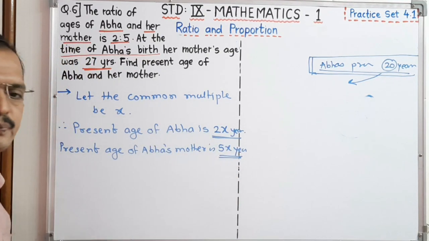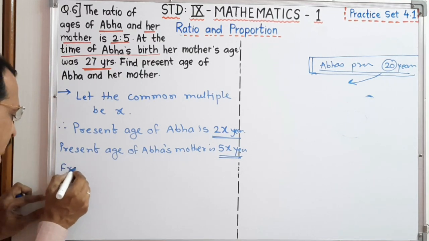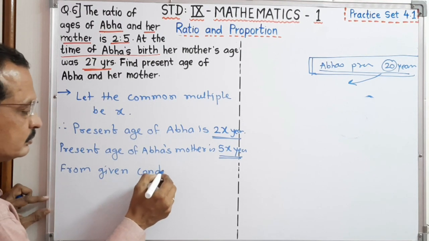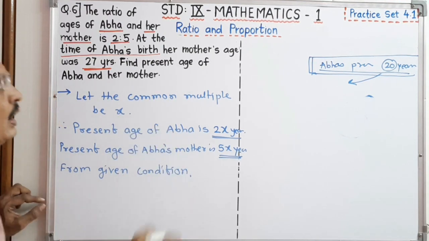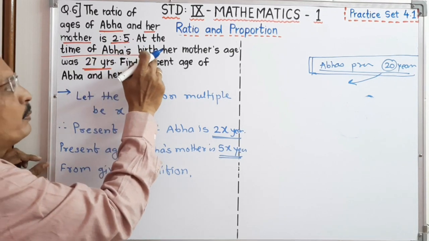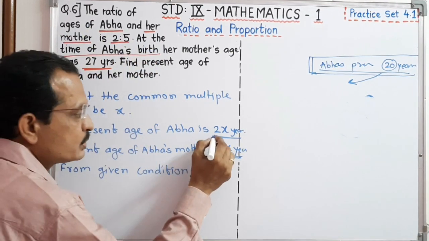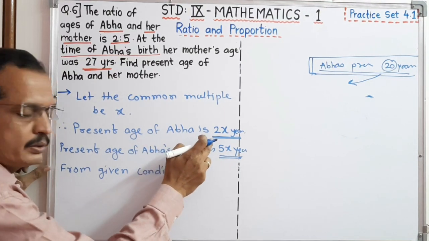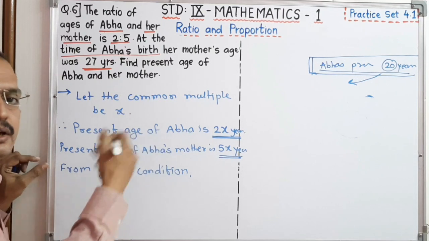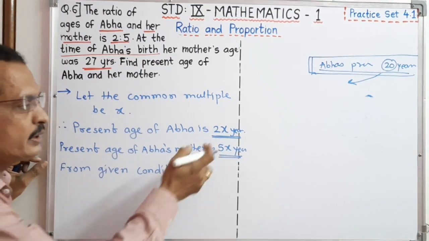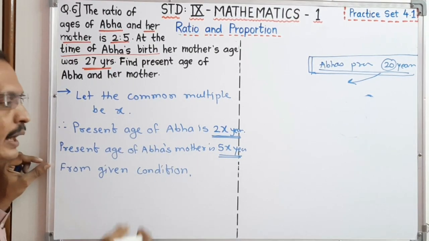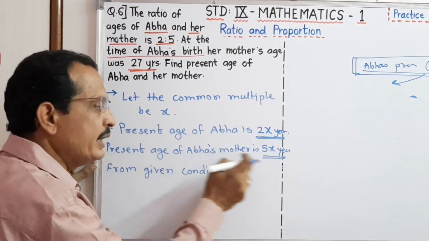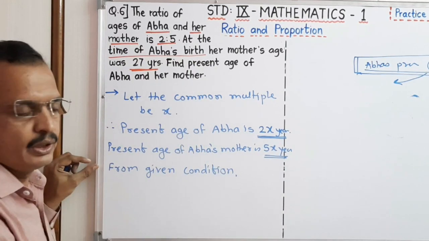Now, dear student, see, from the given condition, at the time of Abba's birth, Abba's today's age is 2x years. That means her birth took place how many years ago? Obviously, it is 2x years ago. That means 2x years ago, her mother's age was 27.